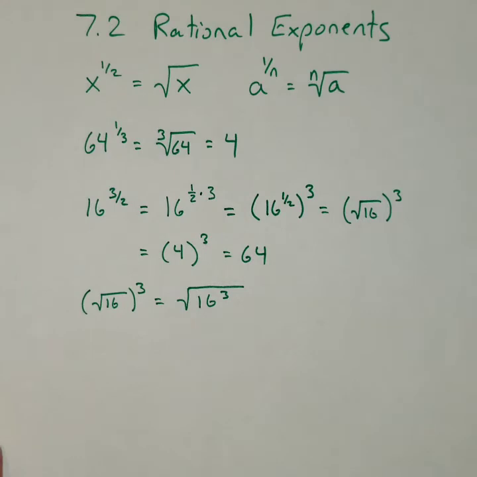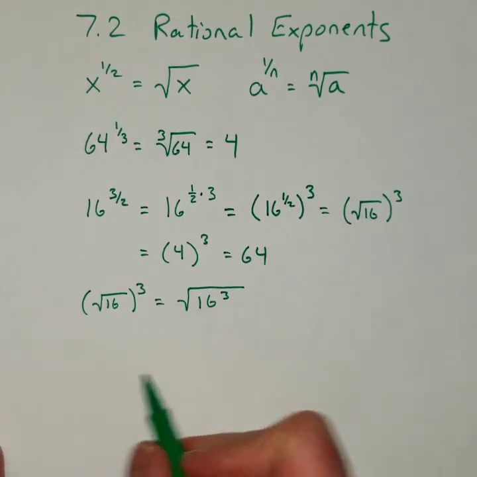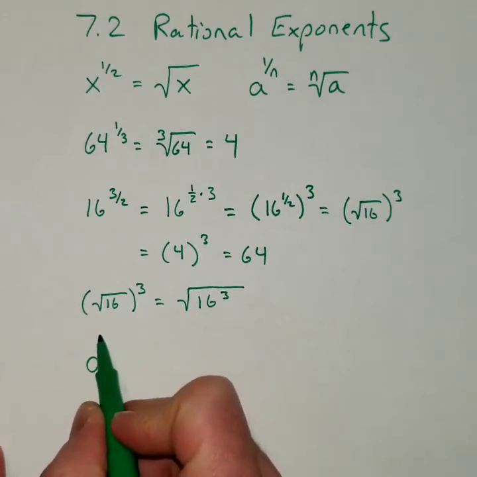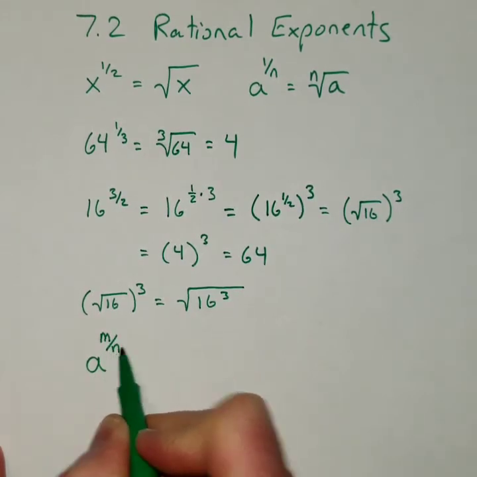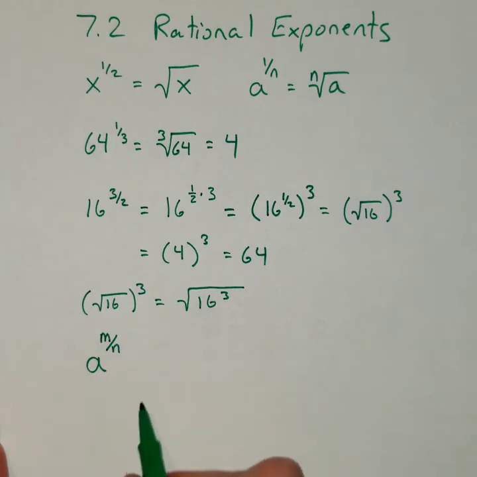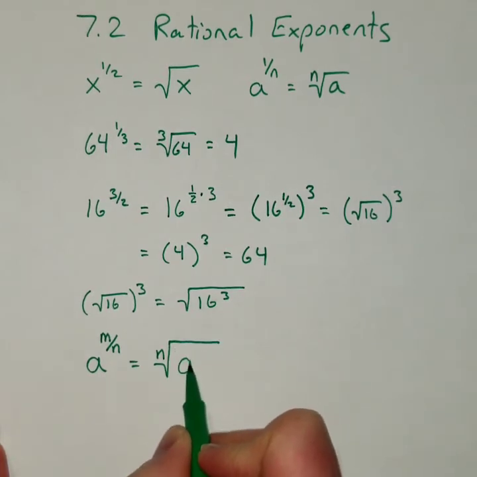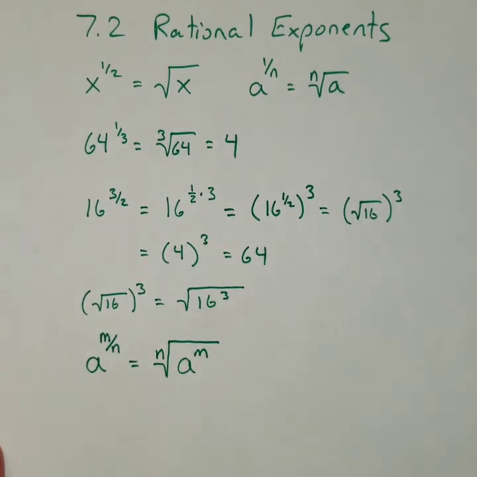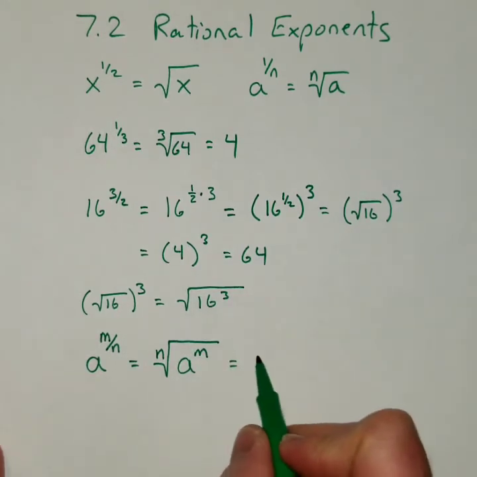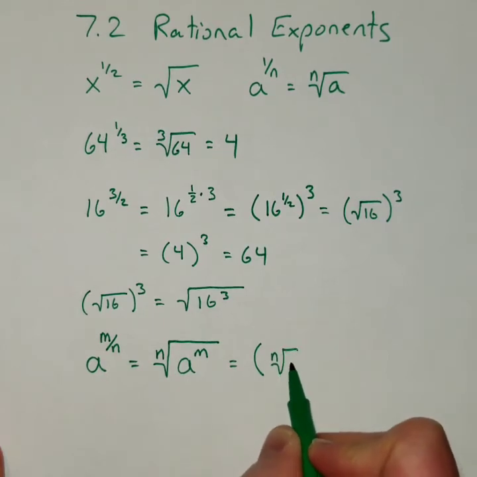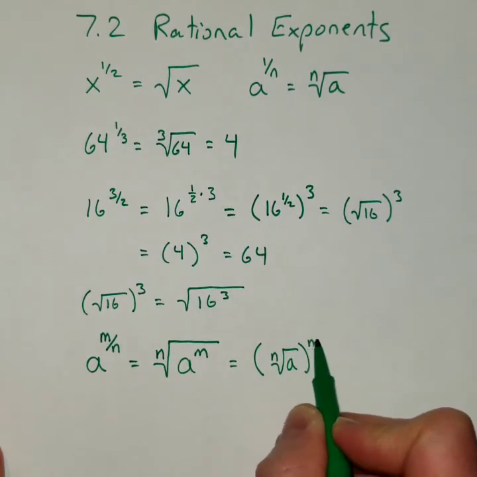And now we can generalize this further to say that anything to the m over n, I'll use m and n for this, is equal to the nth root of a to the m, right? Or it's also equal to the nth root of a all raised to the mth power.